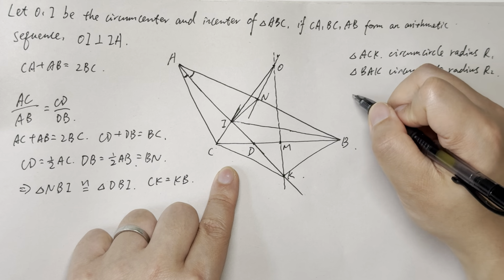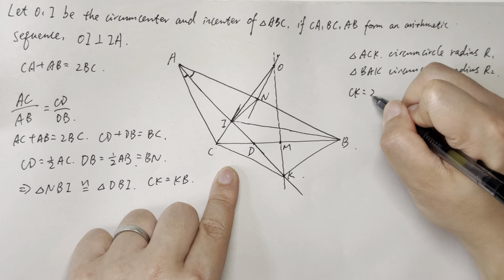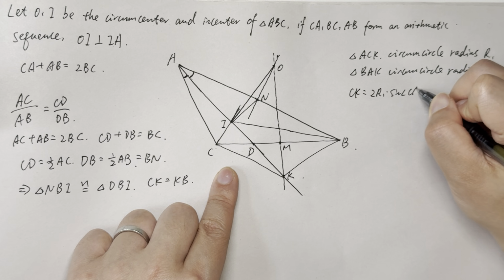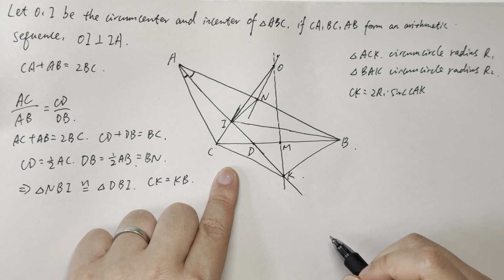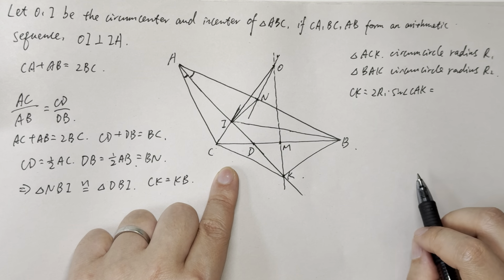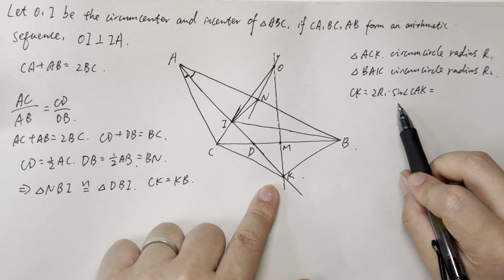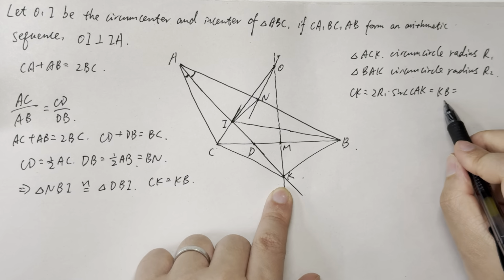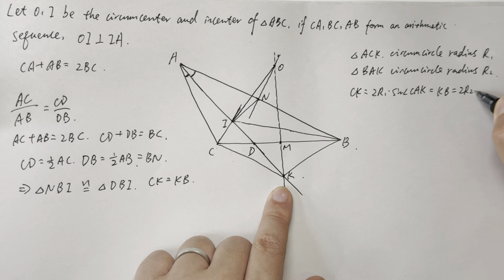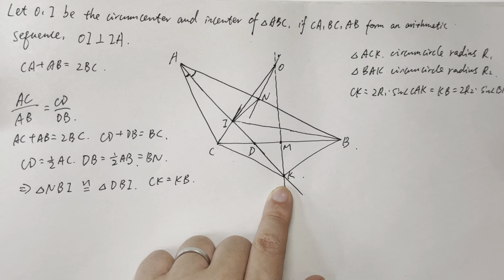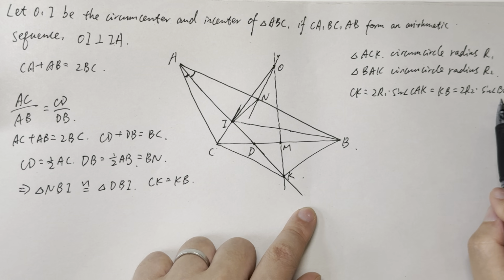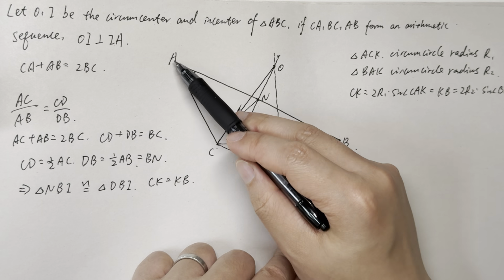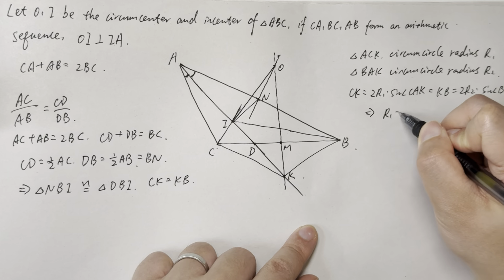We know CK equals 2R1 times sine of angle CAK. Right? CK equals KB, and KB also equals 2R2 times sine of angle BAK. And because angle BAK equals angle CAK, we know that R1 equals R2.